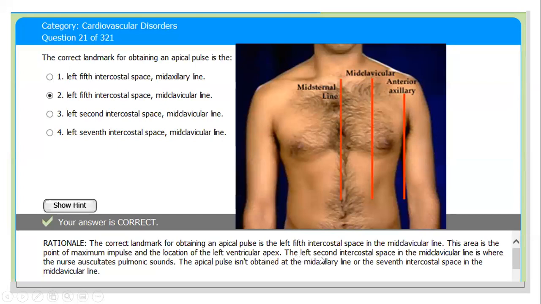The left second intercostal space in the mid-clavicular line is where the nurse auscultates the pulmonic sound. The apical pulse is not obtained at the mid-axillary line or the seventh intercostal space in the mid-clavicular line.